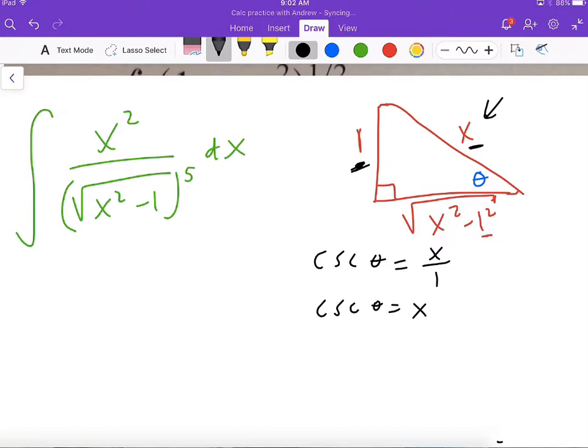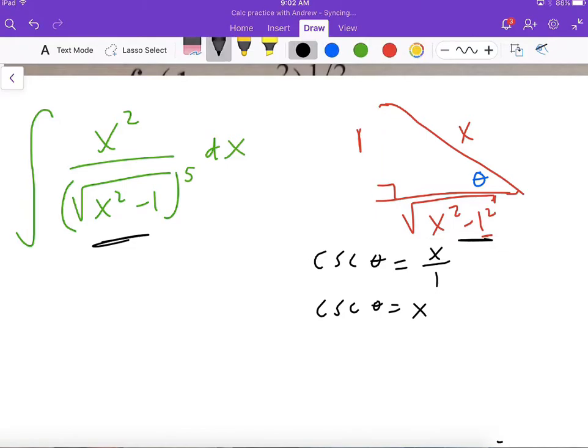We also need an expression for the square root thing. So this time we want to involve this side down here, that other leg. Again, ideally we would involve this 1 because it's really easy to work with algebraically rather than involving the other x. So with our reference point of theta, we want to involve the opposite side over here and the adjacent side. Adjacent and opposite is usually tangent, but this time we're going to use cotangent so that we can get that square root expression in the numerator.